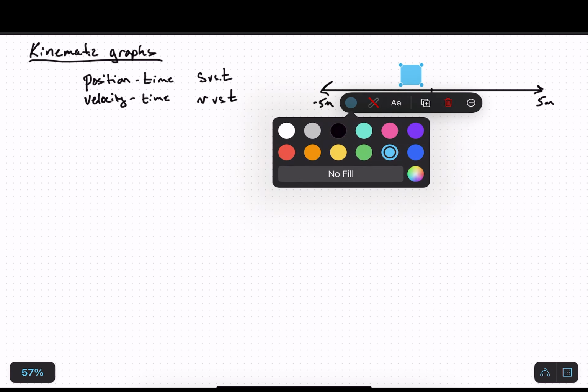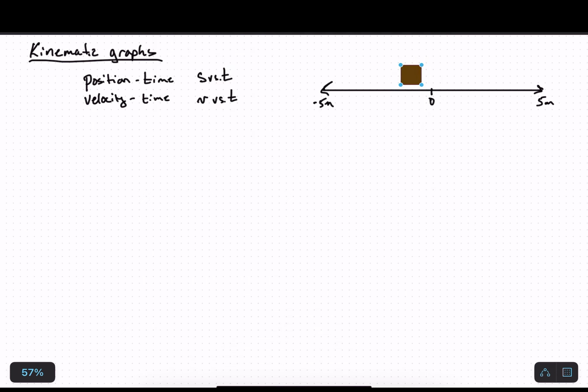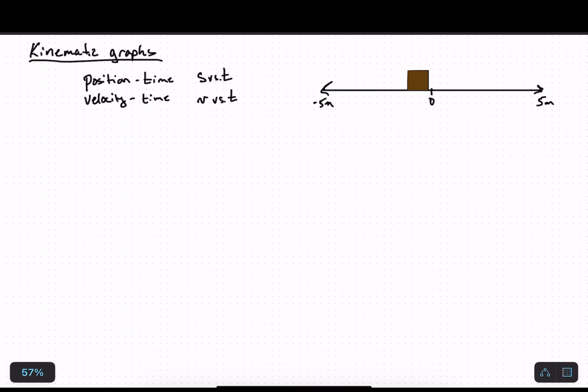And we're going to put that right there at position 0. So we're going to measure from the right edge of the box.